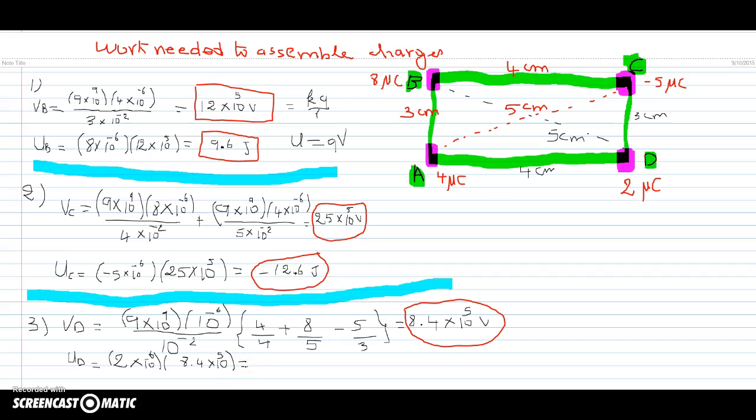And I find minus 1.68 joules, because of the negative charge, of course, less energy.